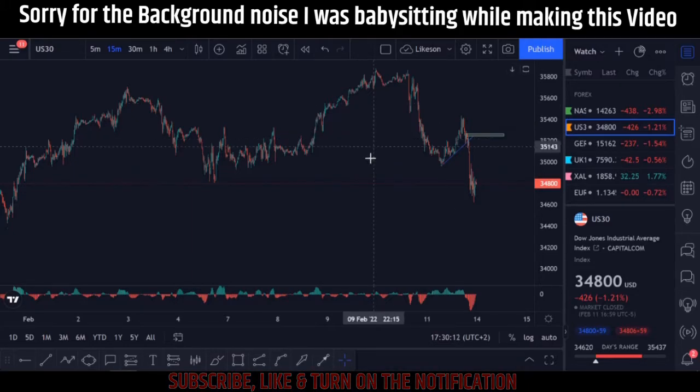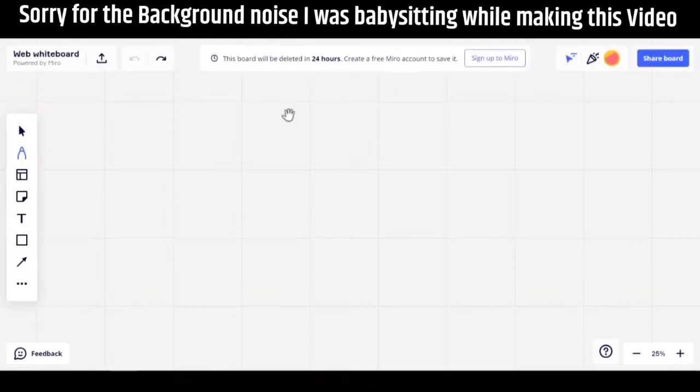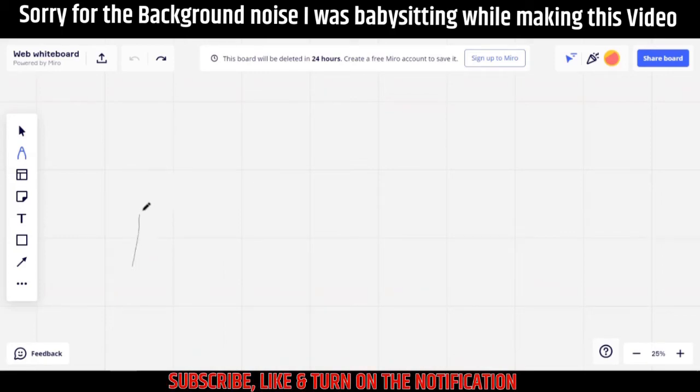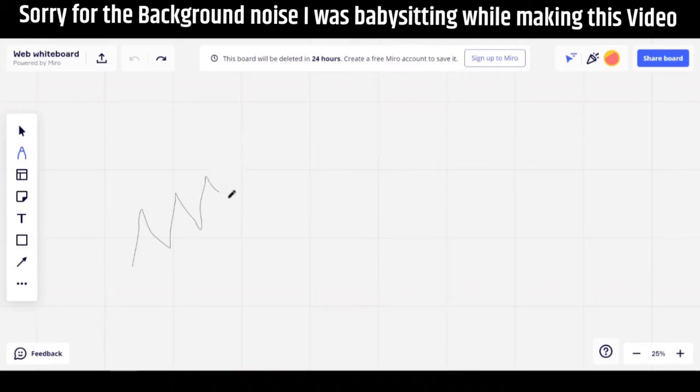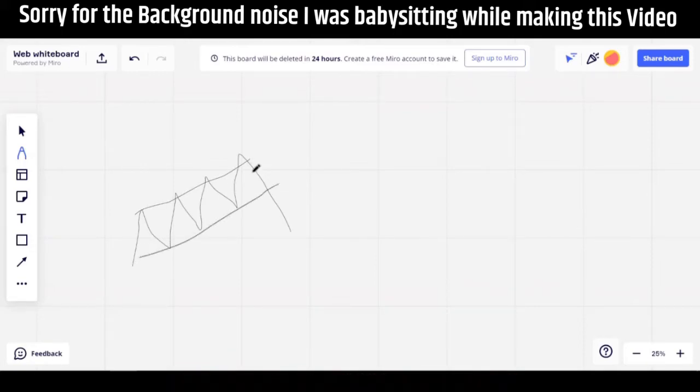Before we get started, let me just show you an example of how the market moves. For example, if you are in an uptrend, we expect something like this. When we're in an uptrend, you can just draw your trend line like that, right?